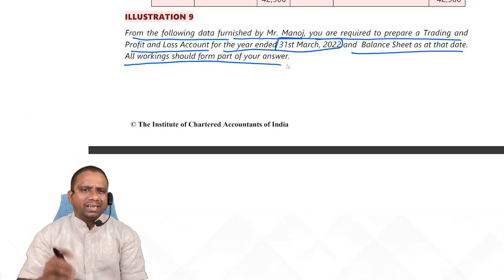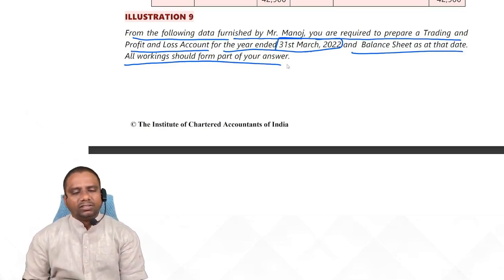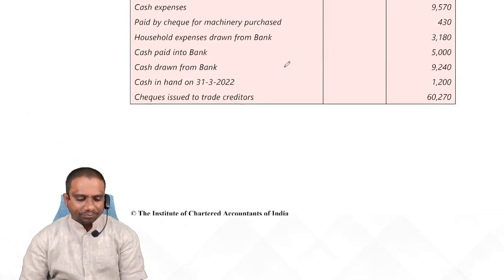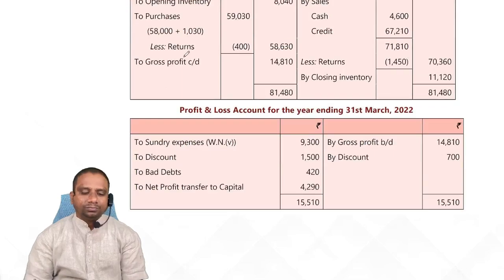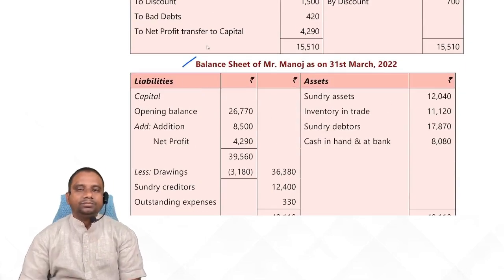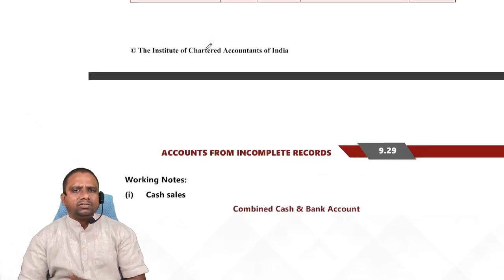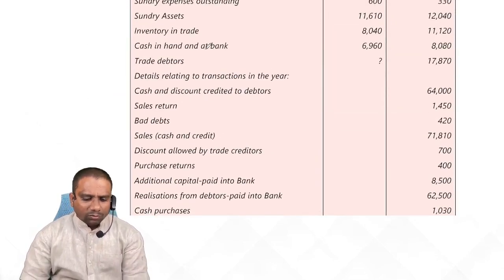Here also, what is the main requirement of the problem? Trading account, profit and loss account, balance sheet. That's it. Now, look at. First, draw the formats: trading account, profit and loss account, balance sheet. Remaining working notes, as and when required, we prepare. Now observe here.